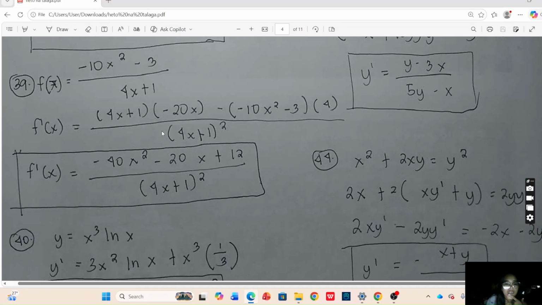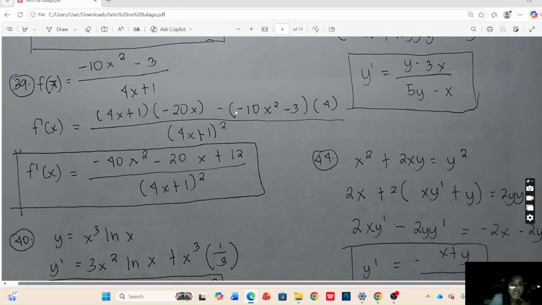So that would be the quantity of 4x plus 1 multiplied by negative 20x minus the quantity of negative 10x squared minus 3 times the quantity of negative 4 over the quantity of 4x plus 1 squared.